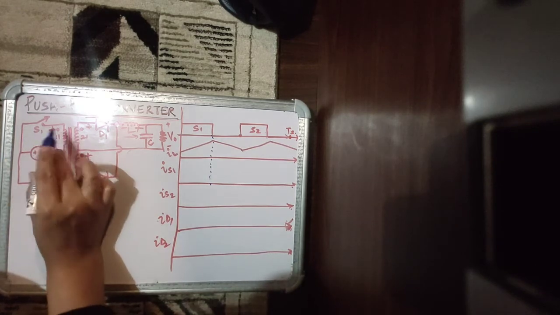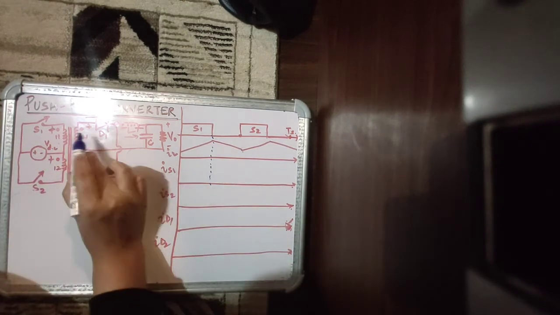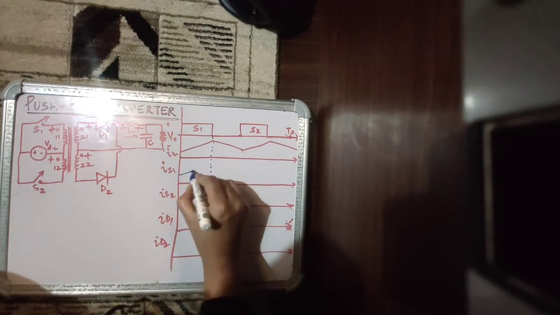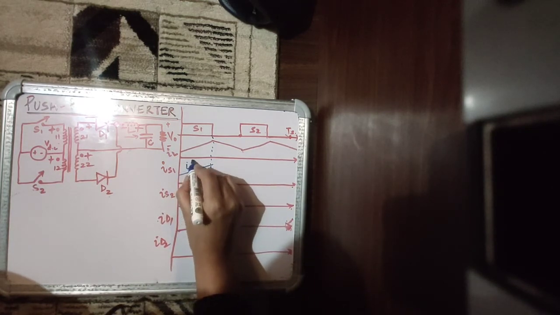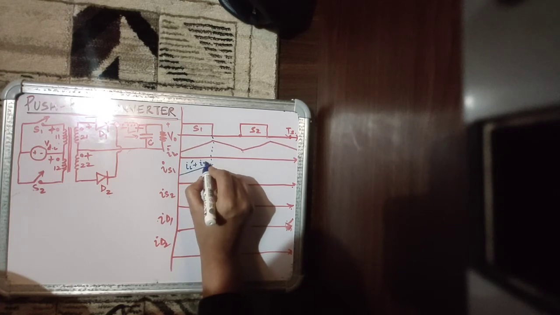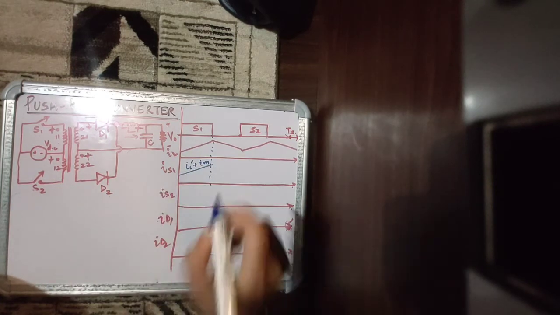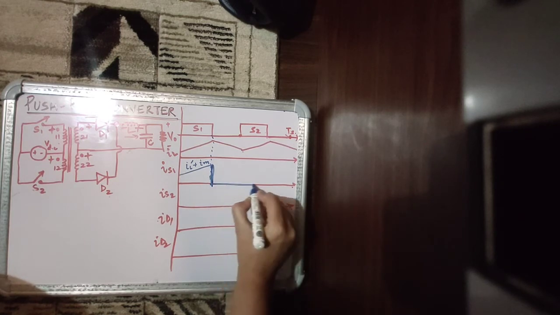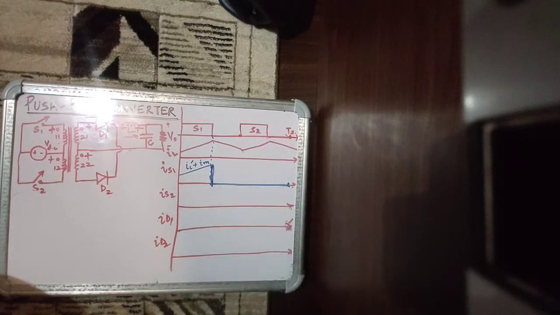It is carrying the magnetizing component of current and the reflected load component. So S1 is carrying IL dash plus IM when it is conducting. Then the pulse is withdrawn and the pulse remains withdrawn, so no current will flow all the way till Ts.